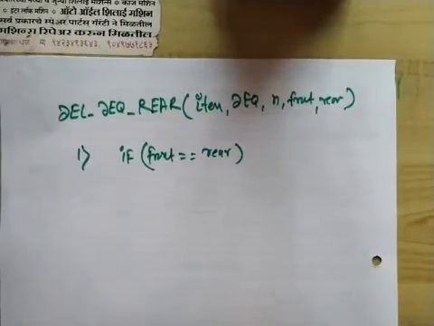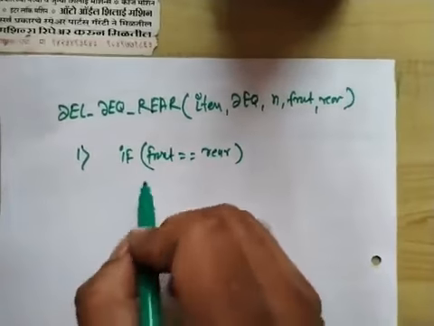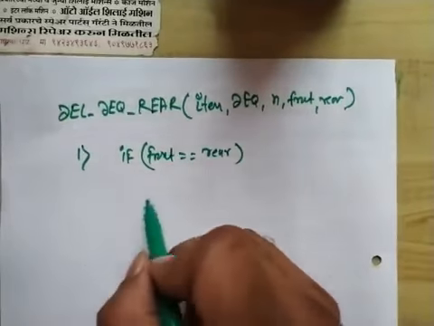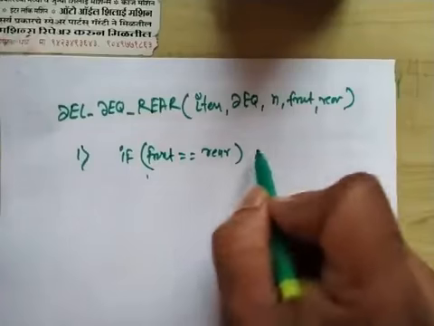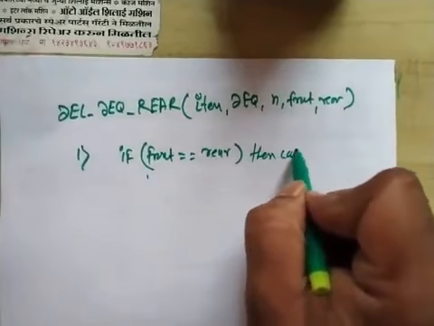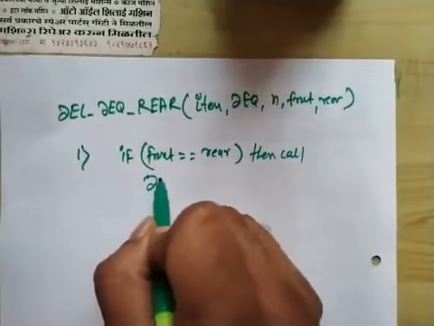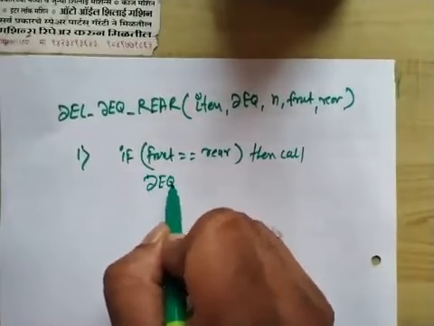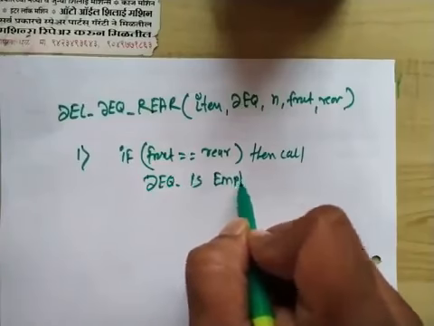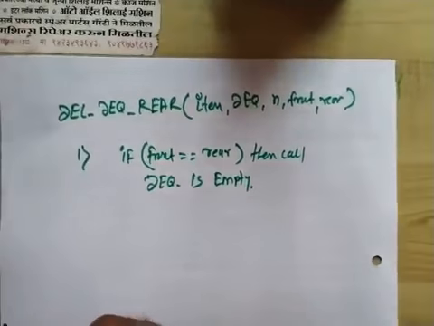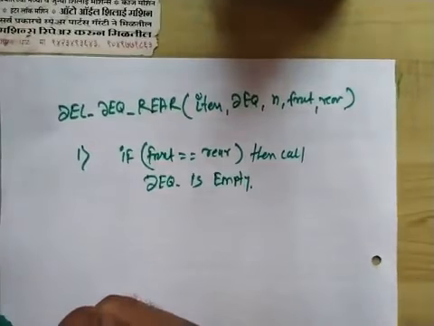That is why we are using the same condition here. If front and rear both point to the same position, then call dq is empty, and if it is empty, we cannot delete an element through the rear end.